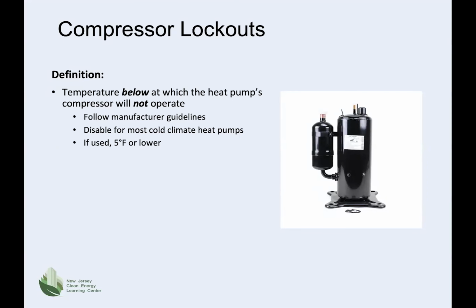So when the compressor locks out, usually at the temperature, say, below 5 degrees Fahrenheit, the heat pump is disabled and the backup system takes over. And when the temperature rises above 5 degrees, then the heat pump will come back into operation.